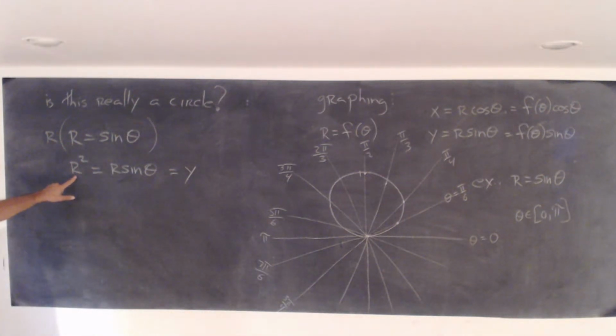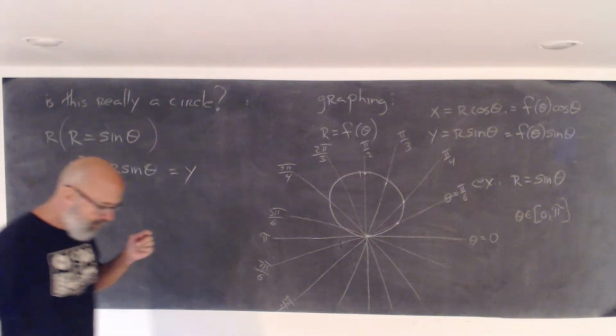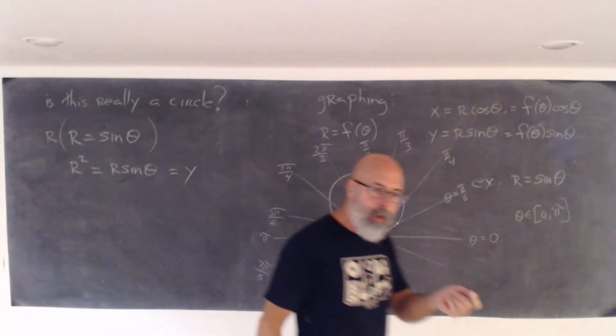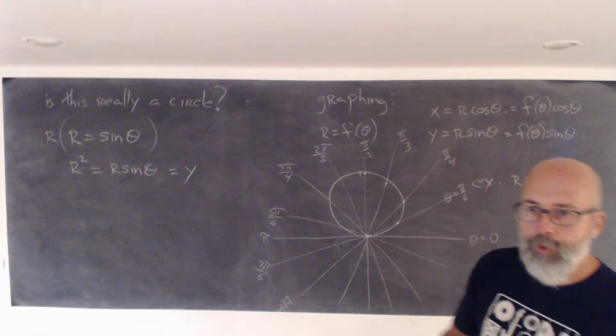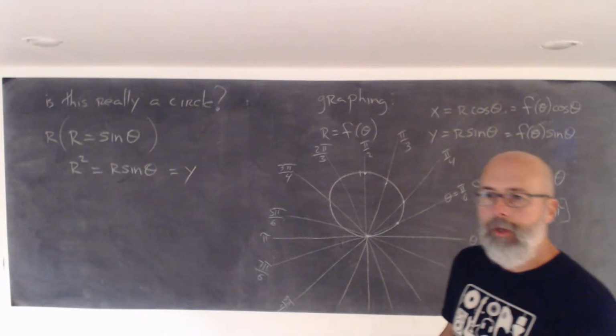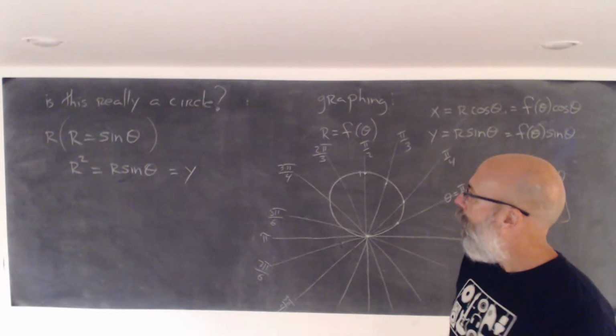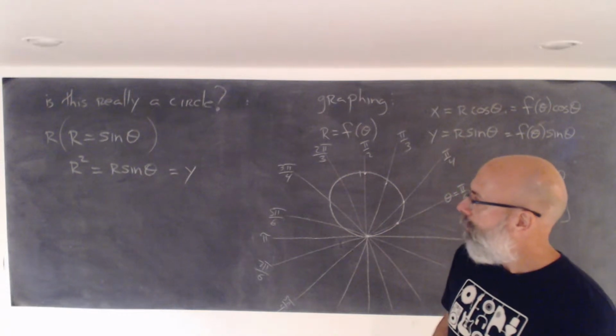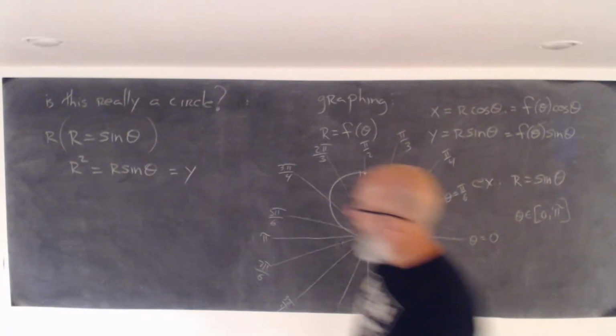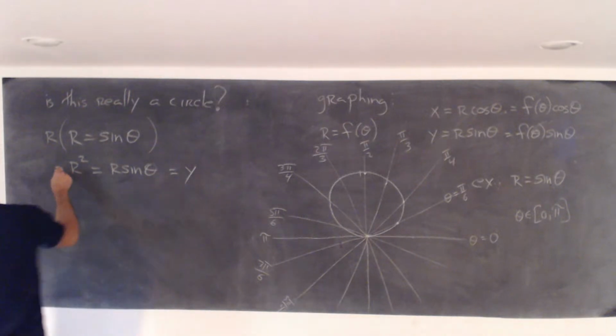What about r squared? We saw that before as well. R is the square root of x squared plus y squared, right? It's the length of the vector. Or r squared is x squared plus y squared.